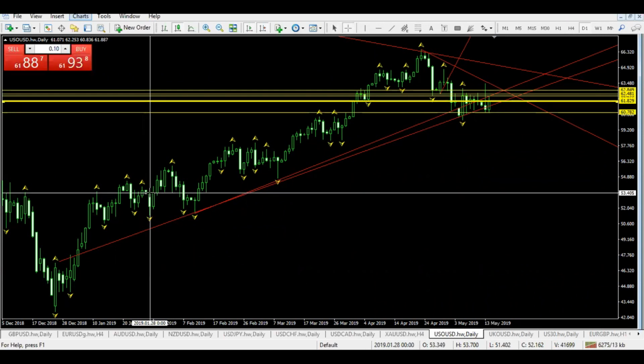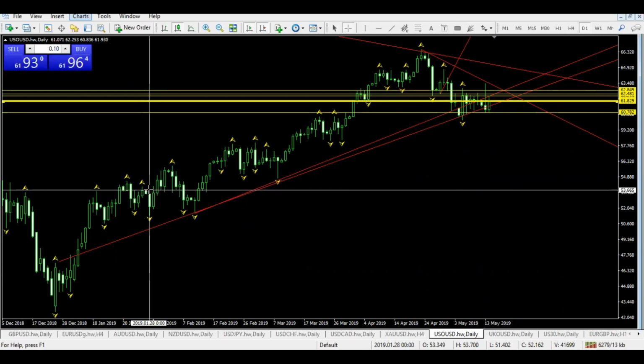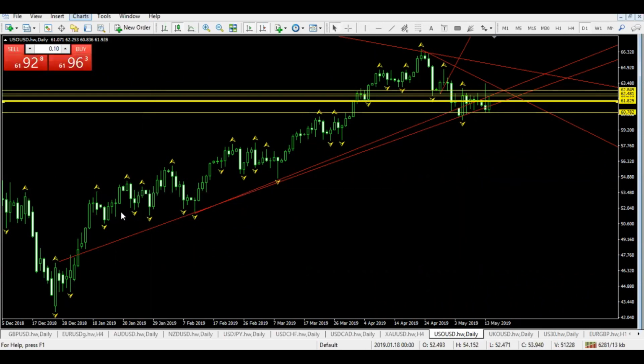I have pivots here, and the pivot is here. Okay, this candle has given you a bullish signal, and the candle is small as well, and the pivot is at a short distance from it.